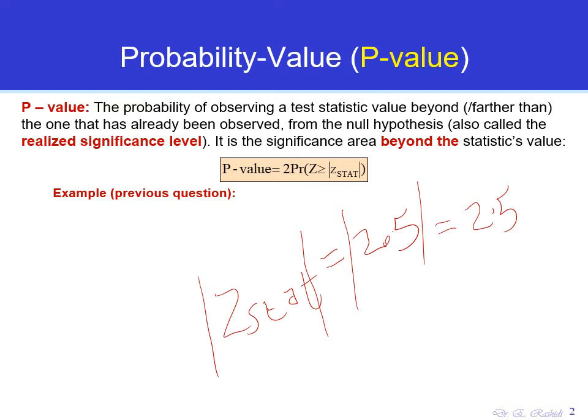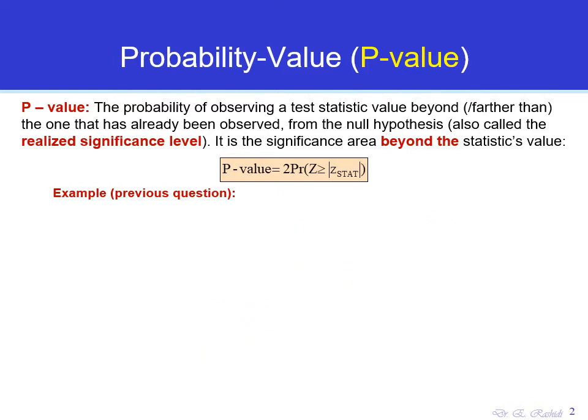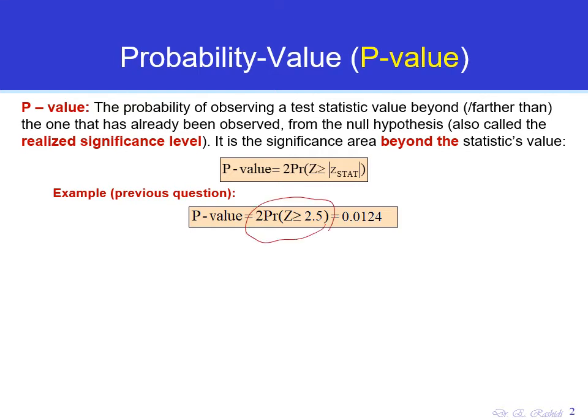To find the p-value for that example, we need to find 2 times the probability that z is greater than 2.5. You can use the knowledge that we learned from the probability chapter to compute this probability, either using the z table or using Excel. And if you do that, you have to multiply by 2, of course. The probability would be 0.0124 or almost 1.2%, which is a low and a small value.